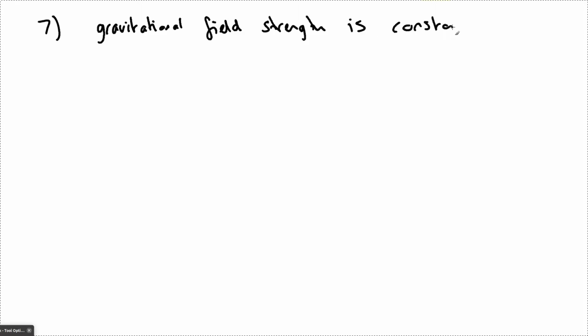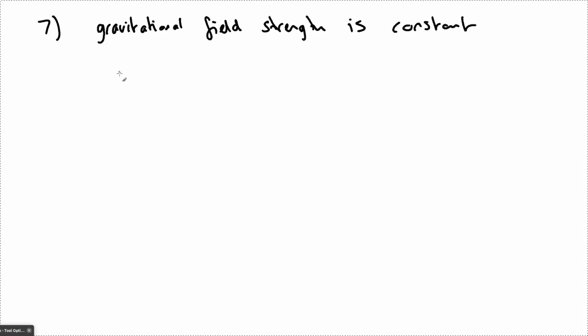7 here. It says the gravitational field close to the Earth's surface is often described as uniform. With the aid of a diagram, what is meant by a uniform gravitational field? Well, a uniform gravitational field is one where the gravitational field strength is constant as you move through the field.